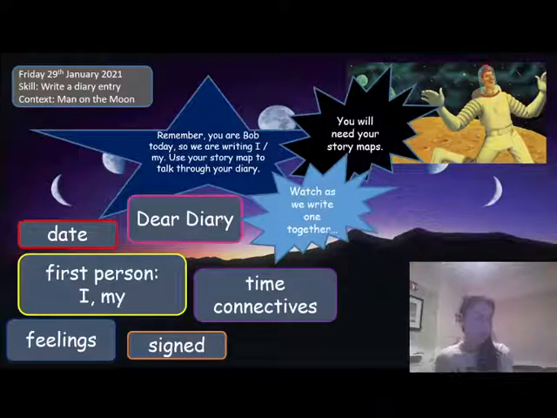So I have written the first part, which you can use, and you can have that yourselves as the first part of your diary and write from where Bob has just had his lunch. Of course, if you would like to, you can write the whole diary, starting from the date, writing Dear Diary, using all of those pictures on your story map. So it's up to you today, but let's have a look at mine.